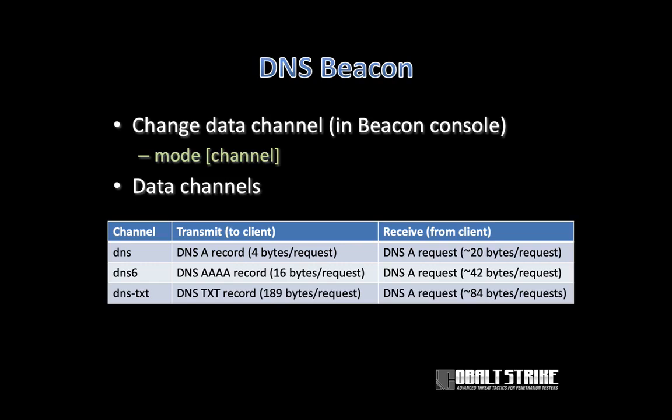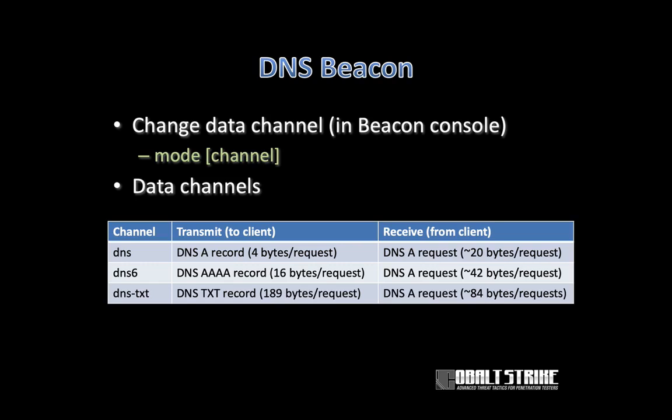One thing that's interesting, which I will speak to in the next lecture, is that the length of the host name to send data back is also affected by each of these modes. The DNS TXT record channel will use the maximum amount of hostname space that your profile allows.